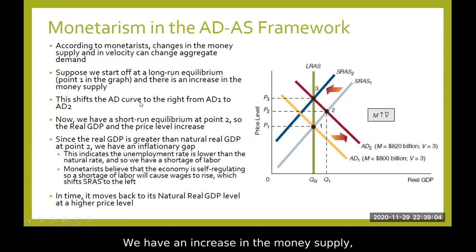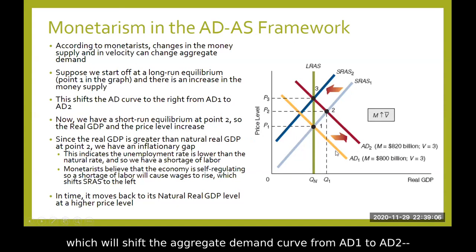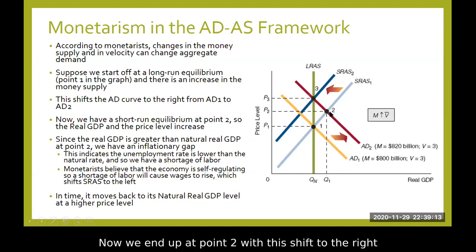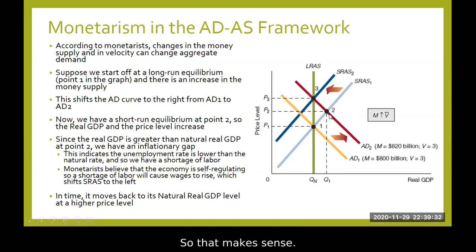We have an increase in the money supply, which will shift the aggregate demand curve from AD1 to AD2. So it shifts things right. Now we end up at point 2 with this shift to the right of aggregate demand. And we can see at point 2, the real GDP has gone up from QN to Q1, and we also have a higher price level. So that makes sense. With more money in circulation, it's going to lead to higher prices.